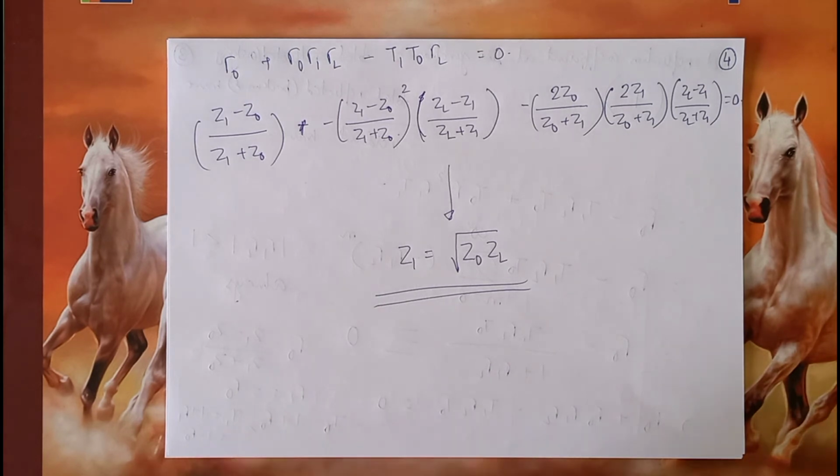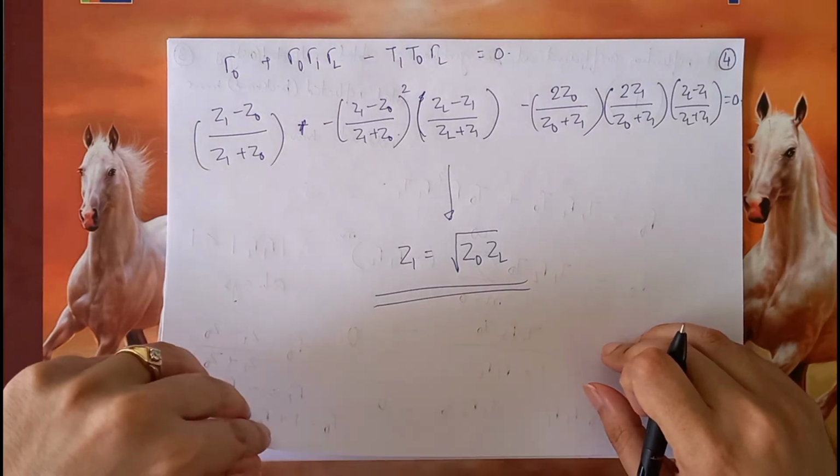That means if you extend lambda into frequency, you can say that there exists only one frequency or a single wave having a unique frequency where the quarter wave transformer will act like a proper matching transformer. So let us look at this in more detail.